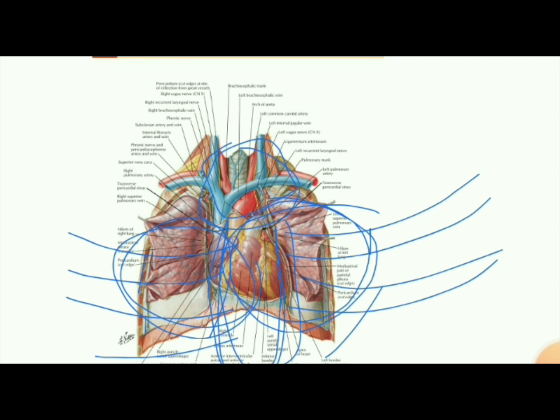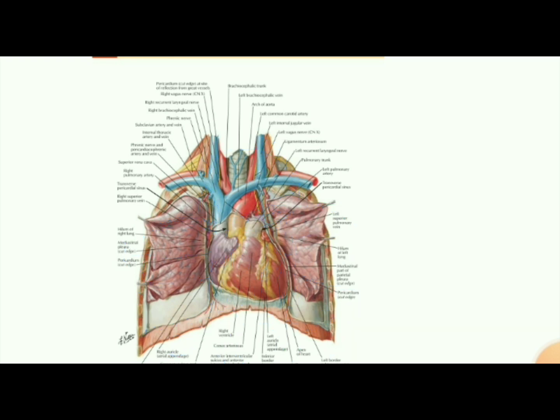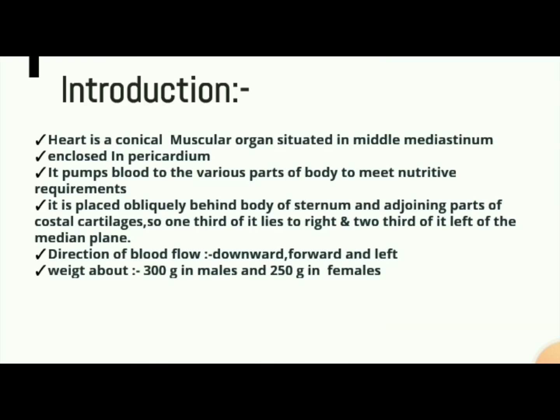The direction of blood flow, as already discussed, is downward, forward and to the left side. The weight is about 300 grams in males and 250 grams in females.